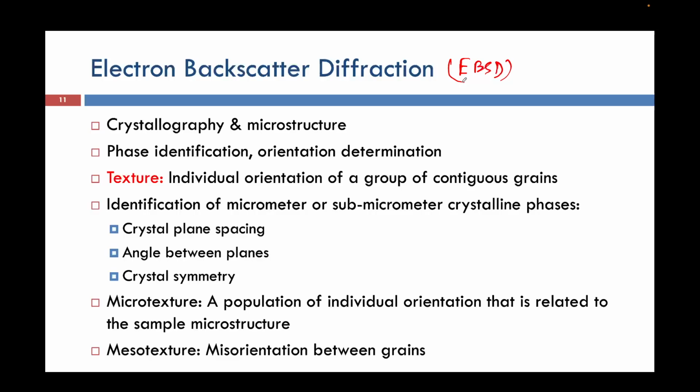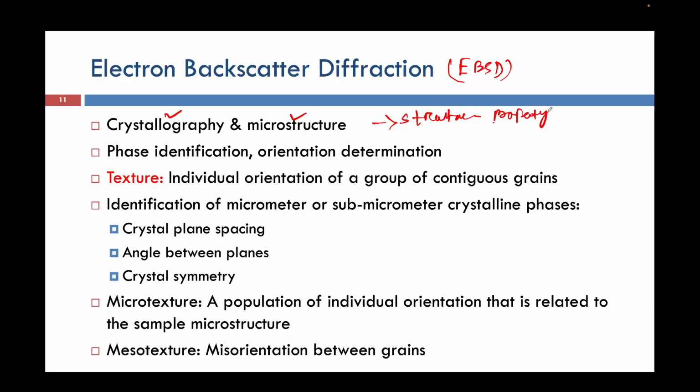Because to get a complete picture of any material, two things are important: one is crystallography, another is microstructure. We need to know how these are related to each other to see the structure property relationship.